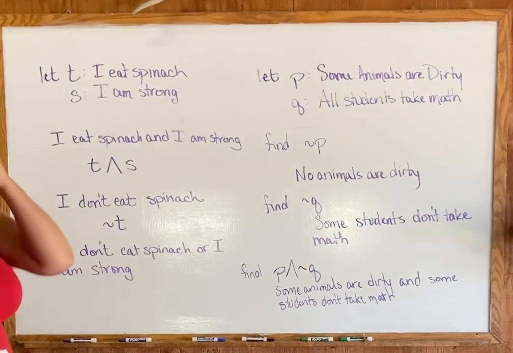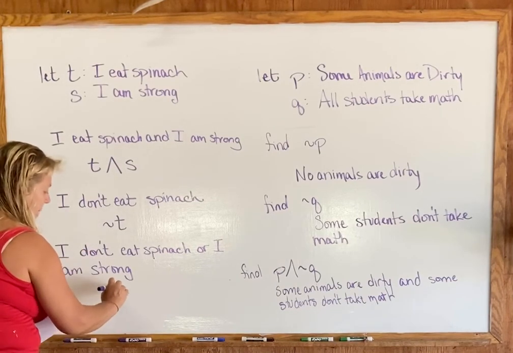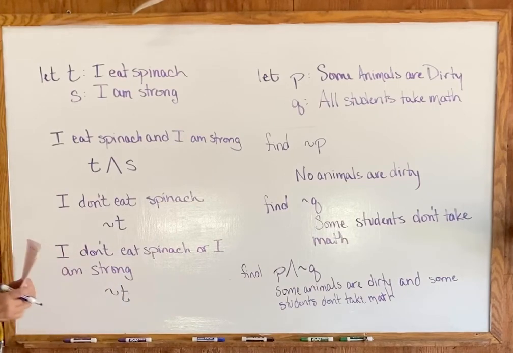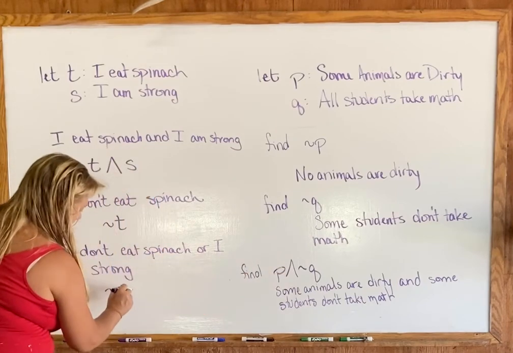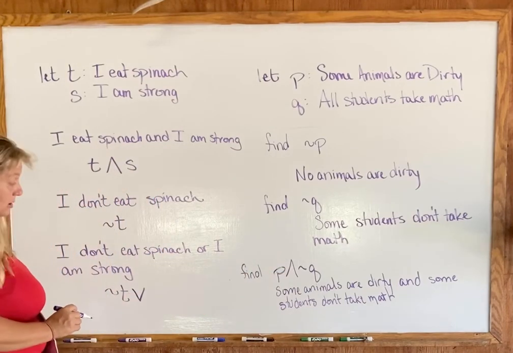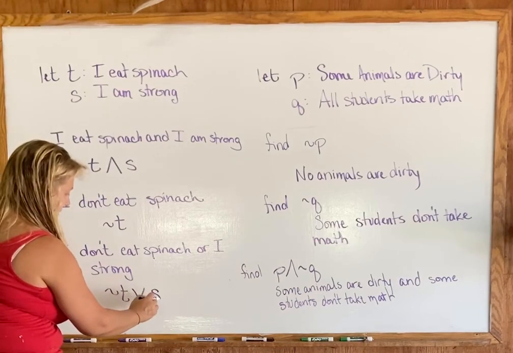Now the word or, remember, is different, so that's going to be the disjunction. So I don't eat spinach. Now we already have that guy, that's the not T. But we want or, and remember, if that's and, that means that that guy is the or. And I am strong is just the S, so we'll just go S.